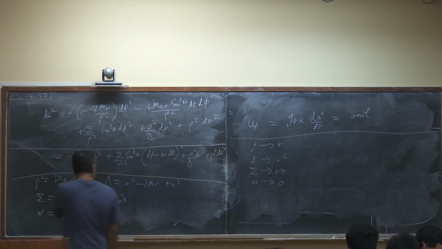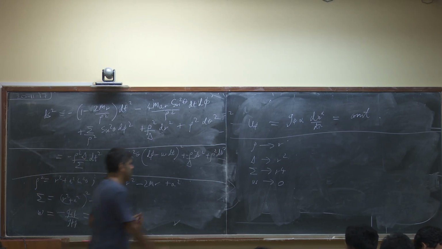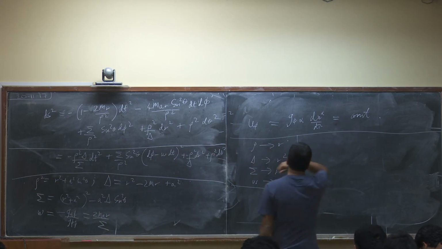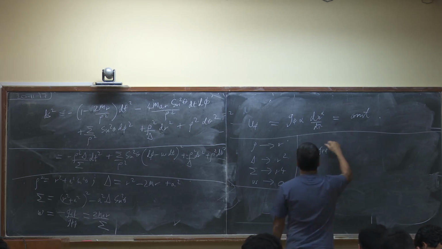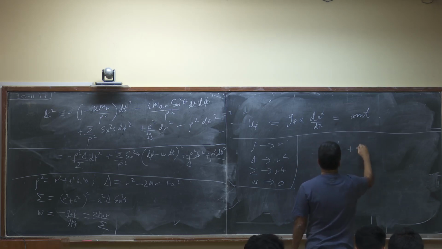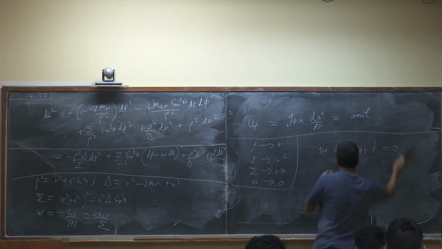Okay, great. So the first thing that we see is that this is equal to 0 for such a motion. But now what does that mean? You see, that means that g phi phi times phi dot, plus g phi t times t dot, is equal to 0.